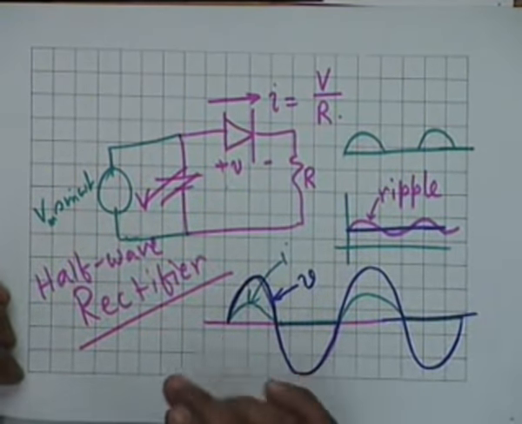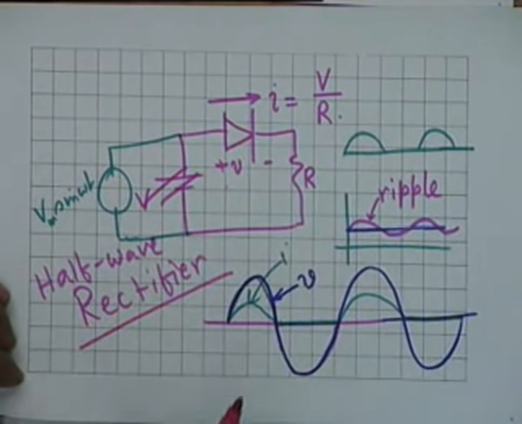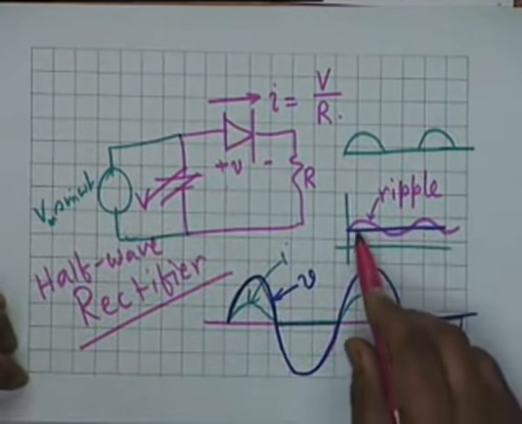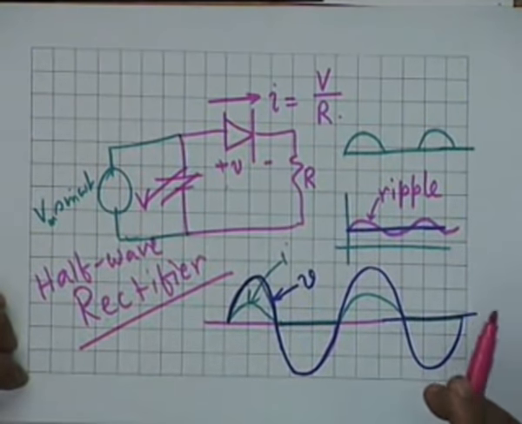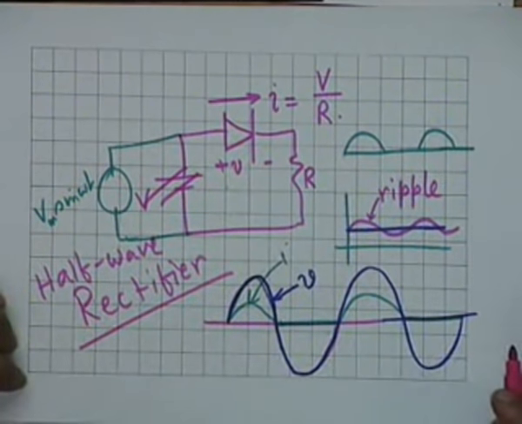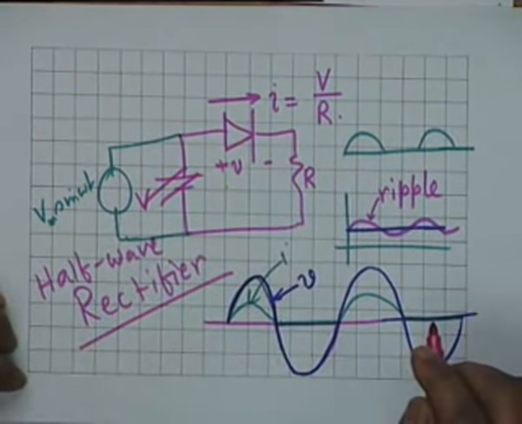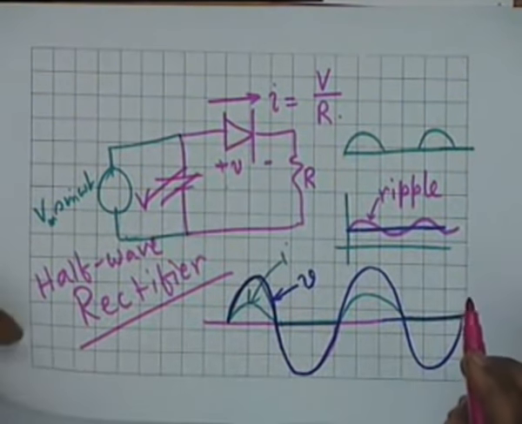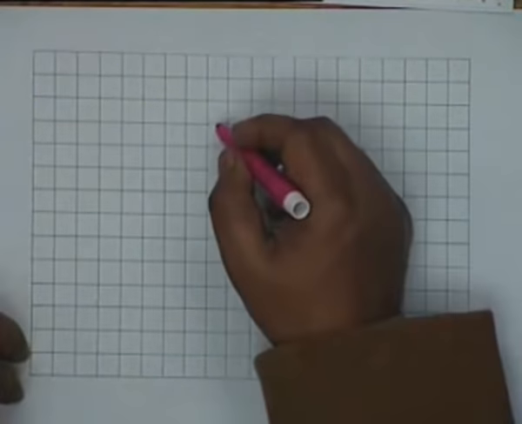Now, a half wave rectifier converts an AC into a pulsating DC. There is a steady component upon which is superimposed an AC. We want to get rid of the AC, all right. If you want a pure DC, we want to get rid of the ripple, and this is done by a circuit known as a filter.